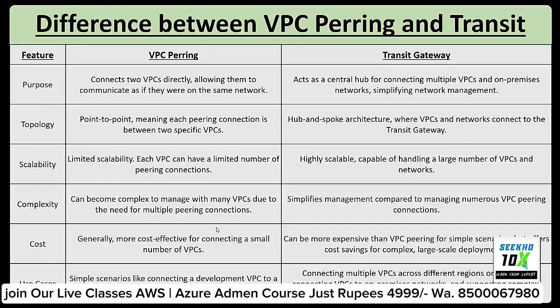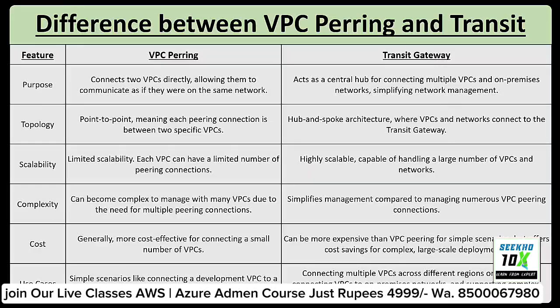So if you are using a small network, then VPC peering is the best solution. If you are using a large network, transit gateway is the best solution. Why? Because here you will be saving the cost. The cost will be affected by the number of peering connections which you have established. If you have a small number of peering connections, then you can go with VPC peering. If you have a large number of peering connections, then you need to go with a transit gateway.